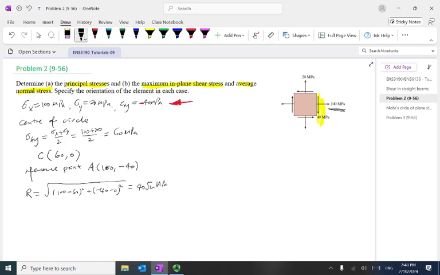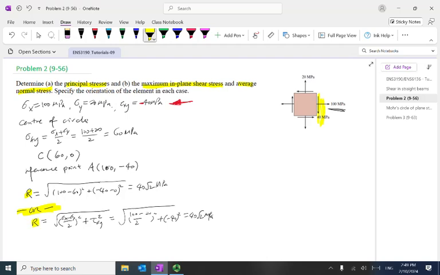You can calculate it this way, or you use the equation R is equal to the square root of half of sigma x minus sigma y squared plus tau xy squared. We put the values in: half of 100 minus 20 squared plus negative 40 squared. You can see the answer is the same. You can use either way to work out R.